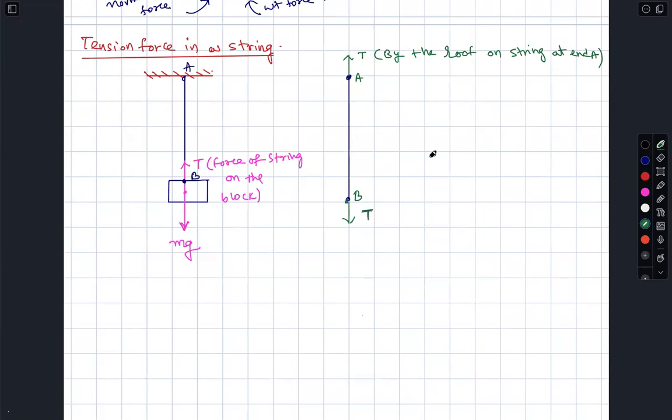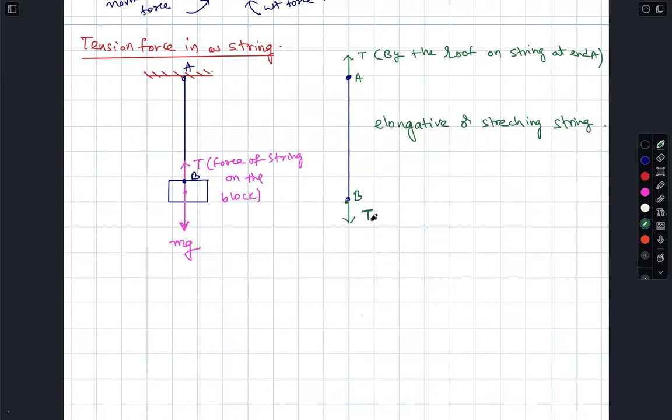Now tell me, what is the effect of these two tensions? Anyone? The effect of these two tensions is elongating, or stretching, the string.